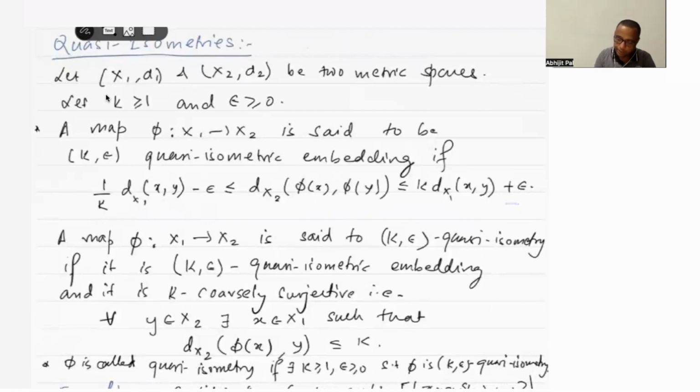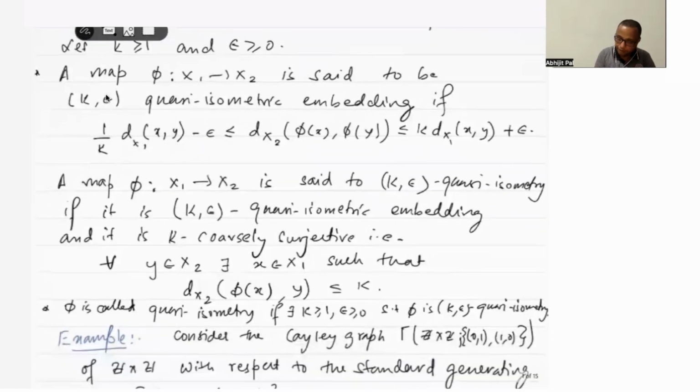So here you note that if I take epsilon equal to 0 and k equal to 1, then phi is just an isometric embedding. So this quasi-isometric embedding is a generalization of the isometric embedding.